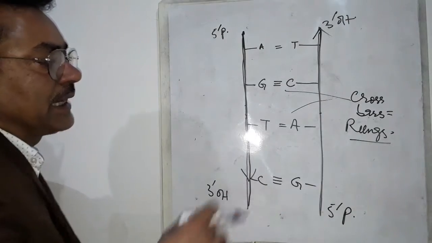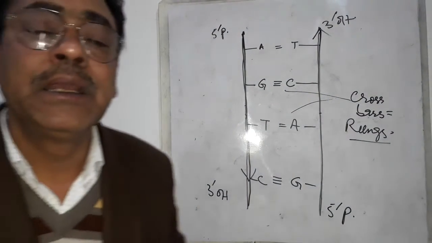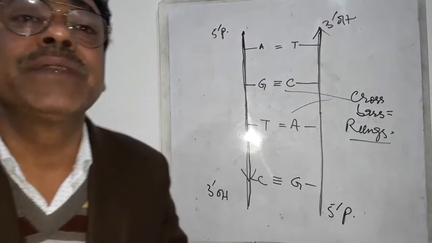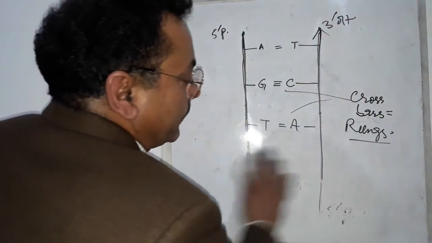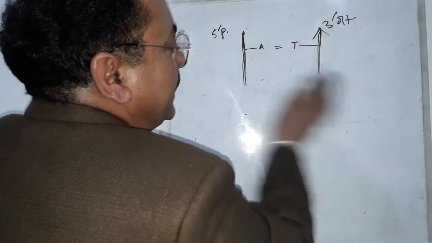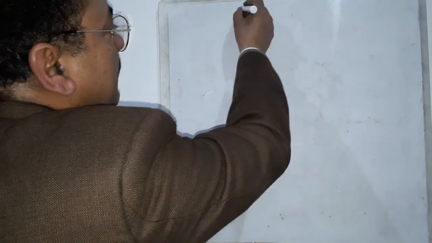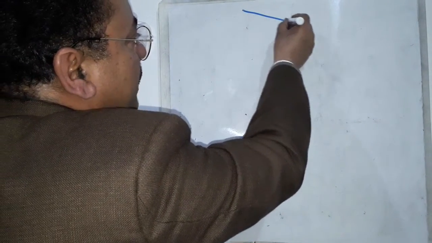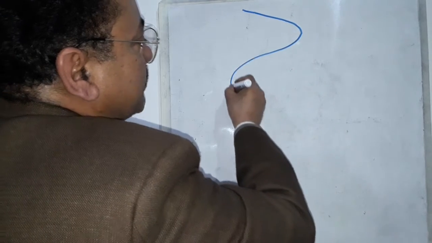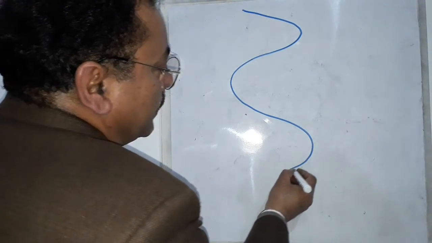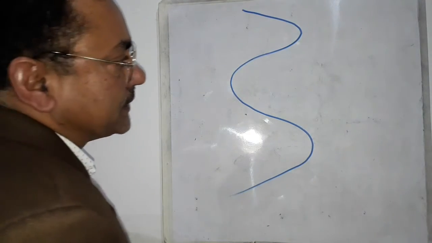So DNA has a ladder-like structure definitely, but the ladder is a twisted one. The ladder is a twisted ladder. And we have to draw the DNA double helix molecule like this. Suppose I am drawing here the structure of the DNA double helix molecule and I will draw it like this.